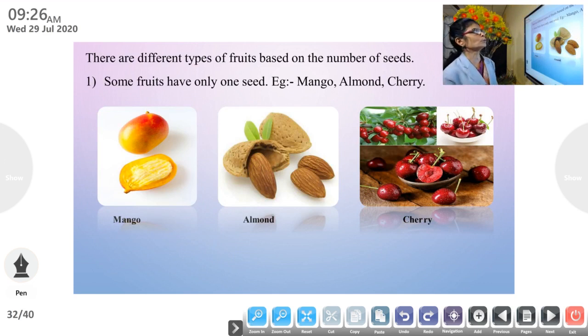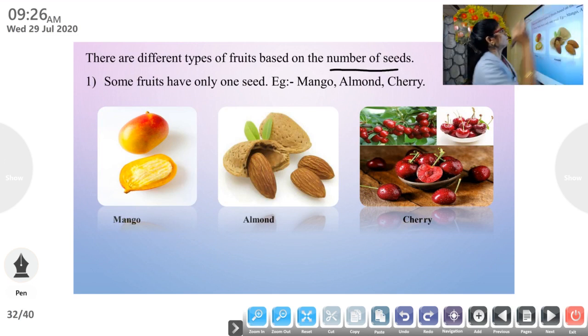Look, there are different fruits based on the number of seeds. Some fruits have only one seed inside.